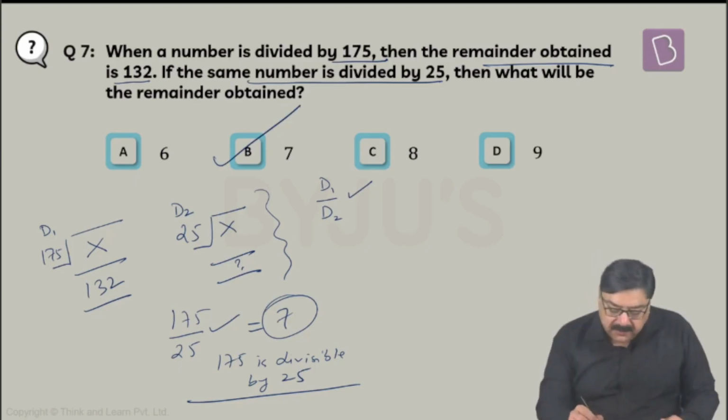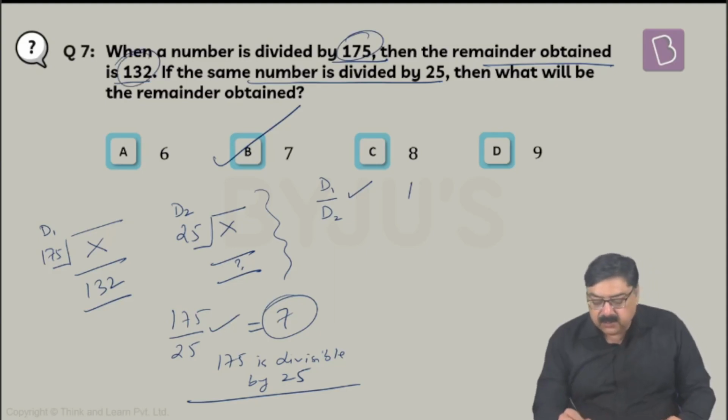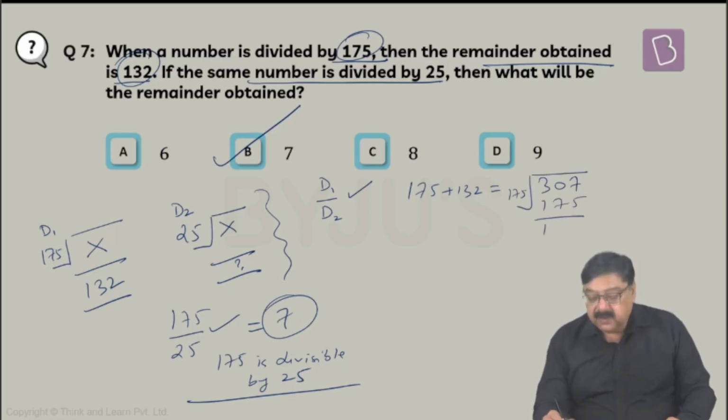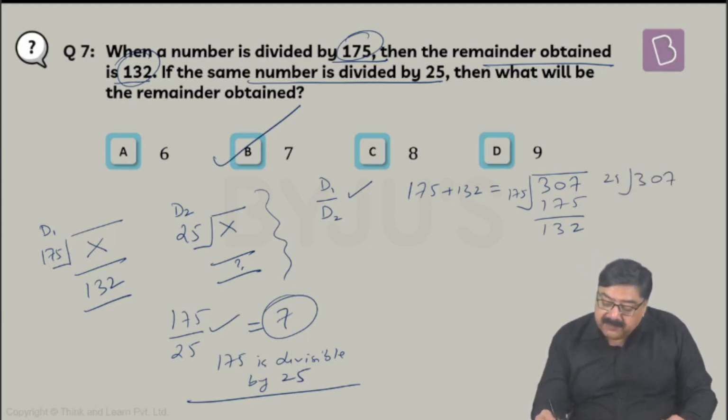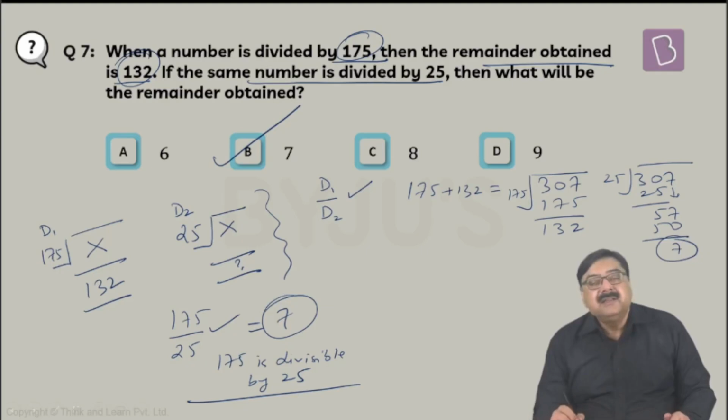Now, from 175 and 132, let's obtain a number that is 307. Now, if you divide this 307 by 175, you get 132 here as a remainder. Now, if this 307 is divided by 25, goes by 25, 5 remains, 7 comes down, 50, 7 is a remainder.